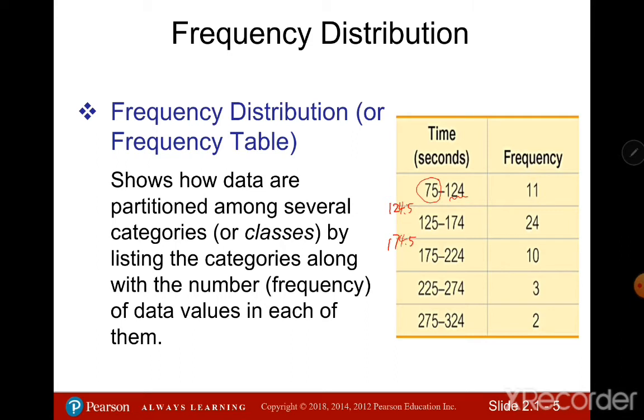Okay, and 224.5 for the next boundary. And similarly, we have 274.5. Okay, and the last one will be 324.5.